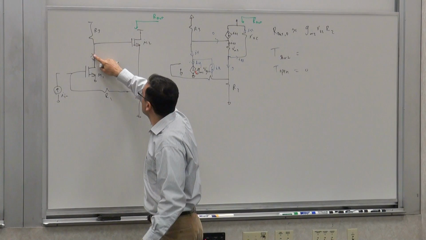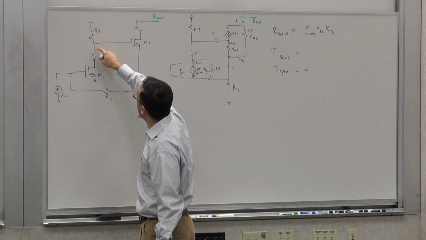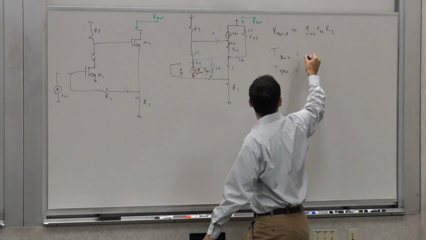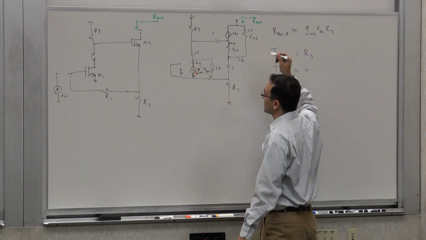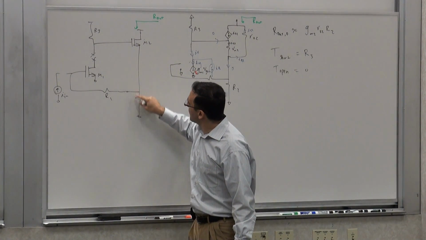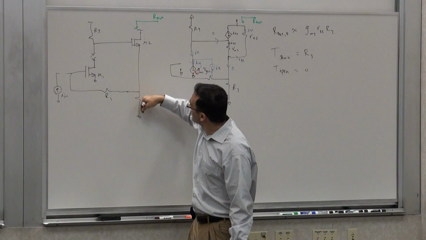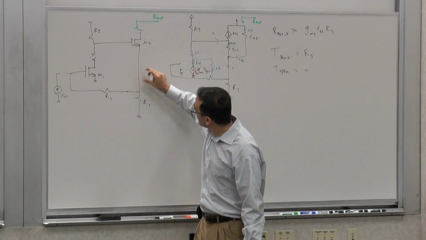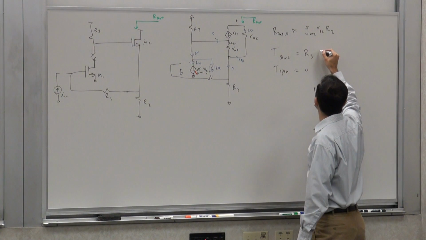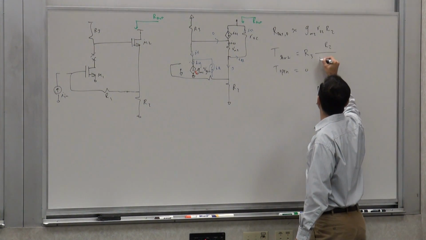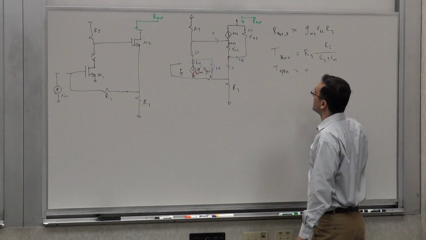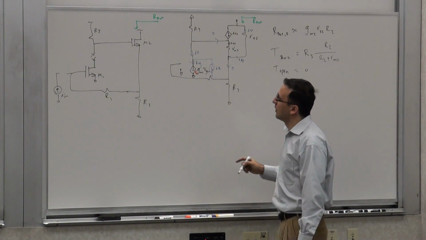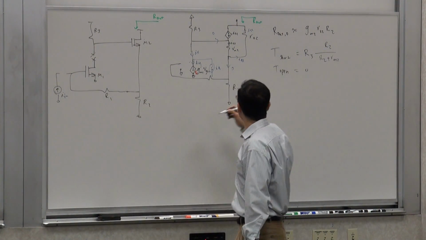So I have to calculate the gain from here. If this is IX, this is going to be R3 times IX, I'm dropping the minus sign. There's no current flowing here. This is a source follower, so I have a resistive divider between R2 and Rm2, which is R2 over R2 plus Rm2. It gives me this voltage times the GM of this guy.